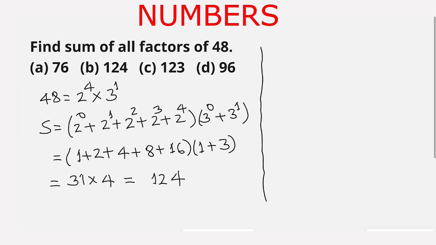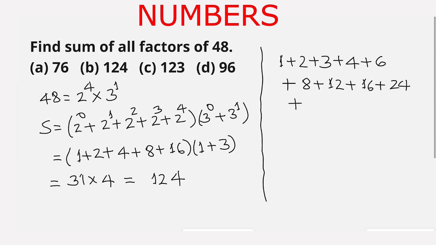If we want to verify this, we can do that. The factors of 48 are 1, the second factor is 2, so we write 1 plus 2 plus 3 plus 4 plus 6 plus 8 plus 12 plus 16 plus 24 plus 48.